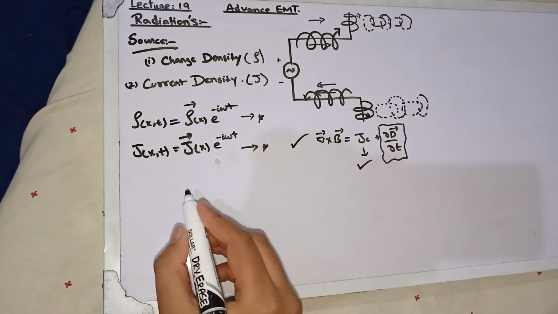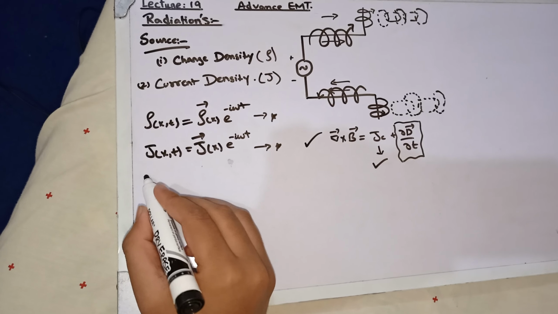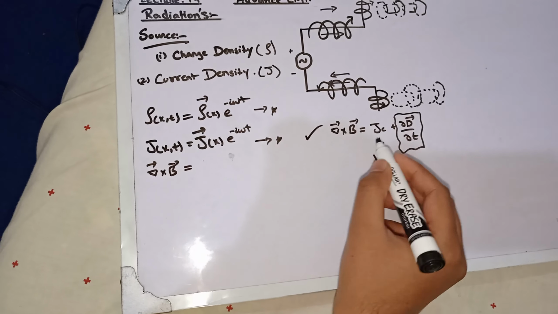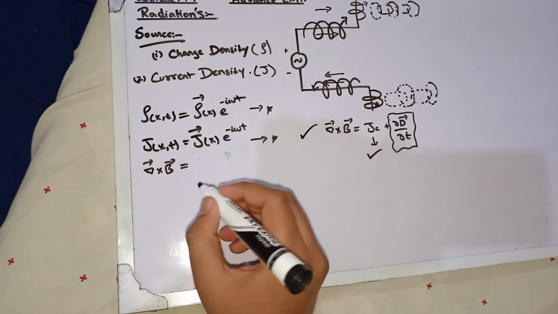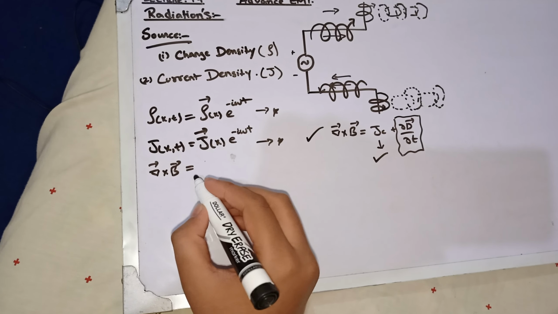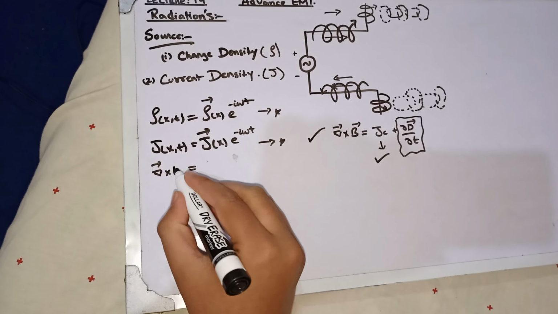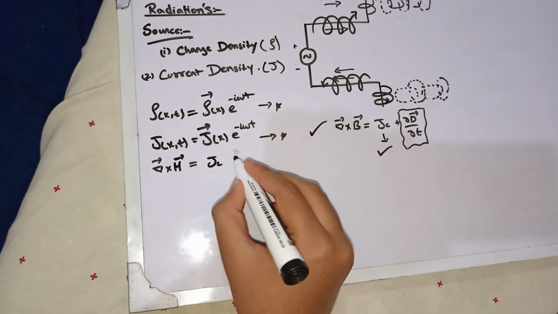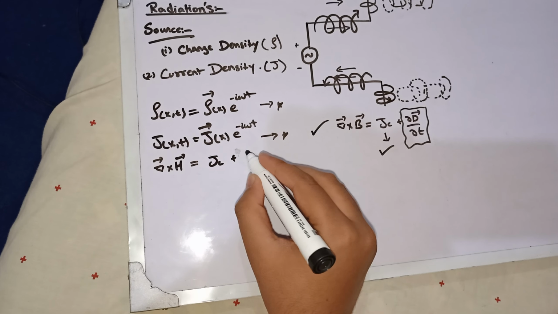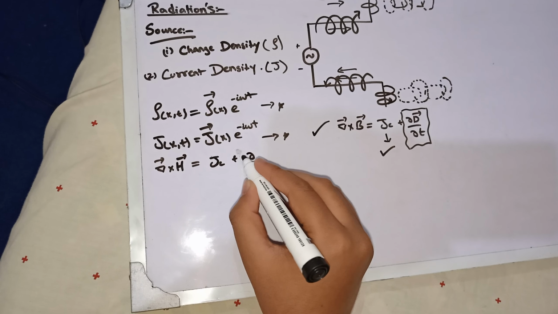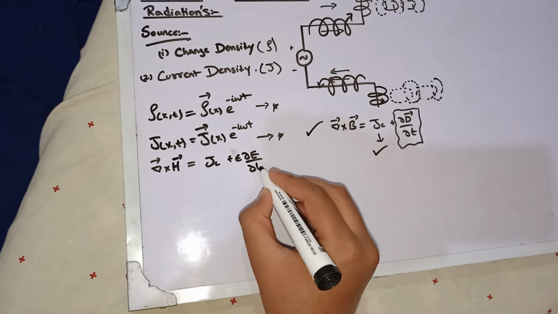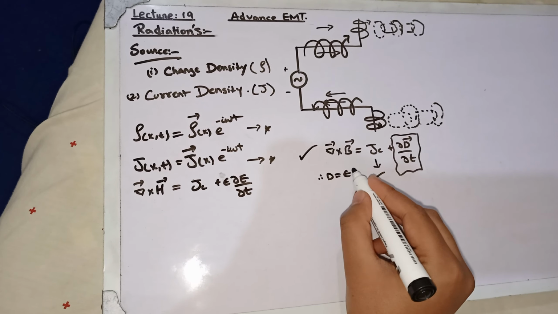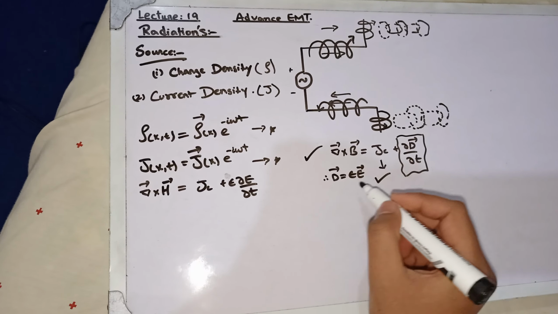Now you just have to use the same equations. Initially you know that del cross H equals JC plus partial epsilon E by partial t, because D equals epsilon E. By putting in the value of D, it becomes this.